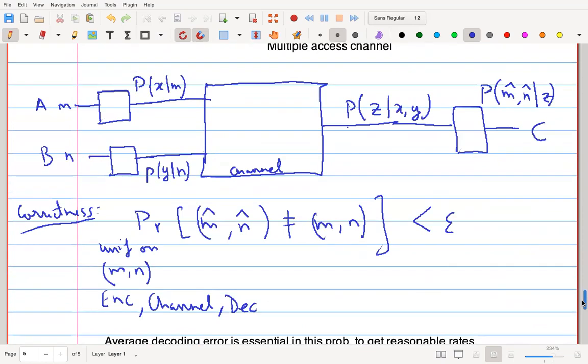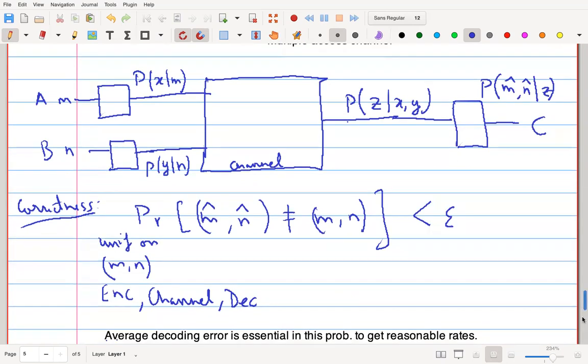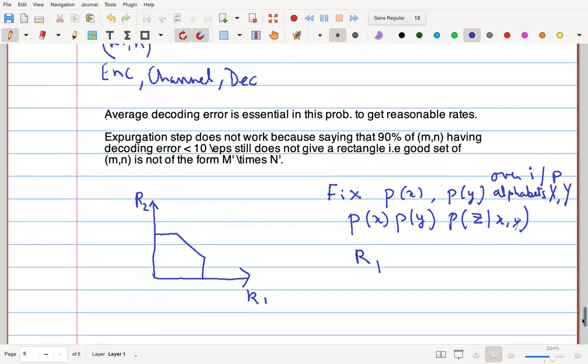If Alice wants to send a lot of information to Charlie, it is conceivable that Bob has to pay a price. Bob can send less information, and vice versa. So you cannot just say there is one achievable rate. There is a two-dimensional rate region of achievable rates, and there can be trade-offs between the two rates.